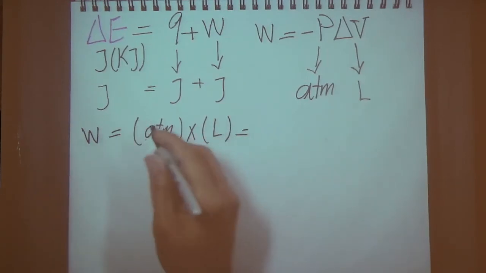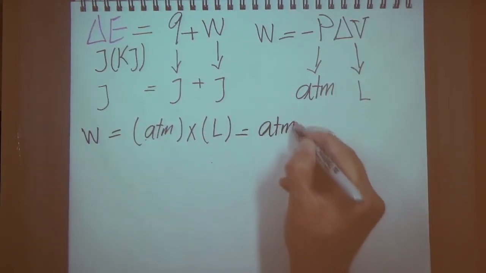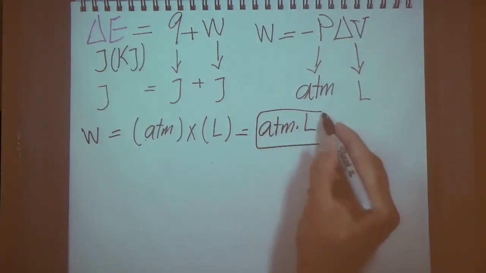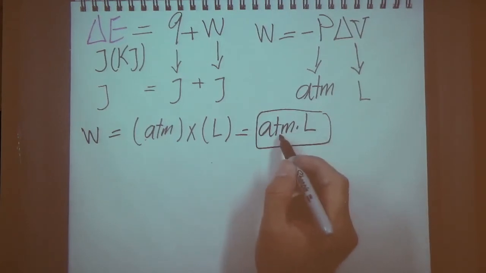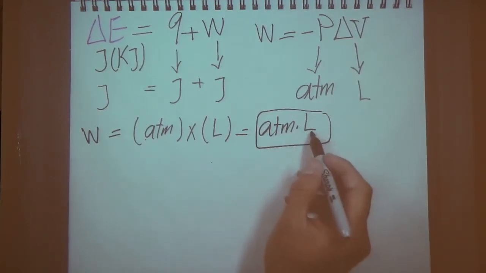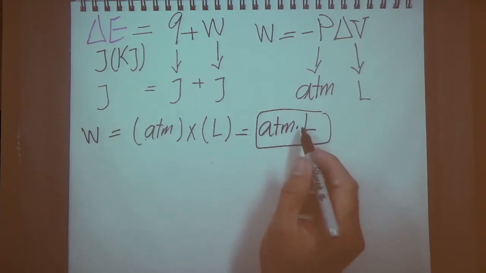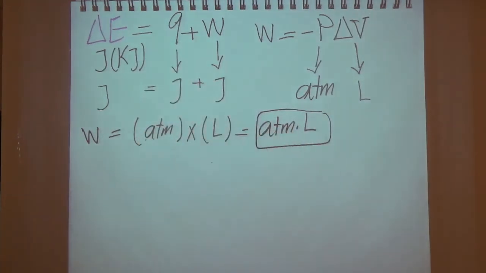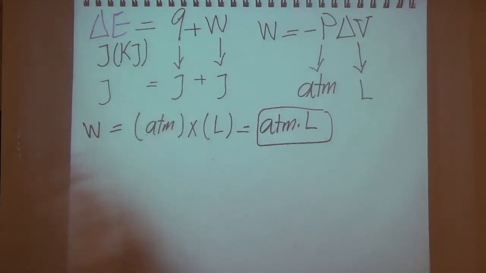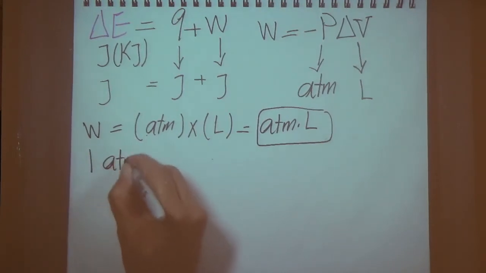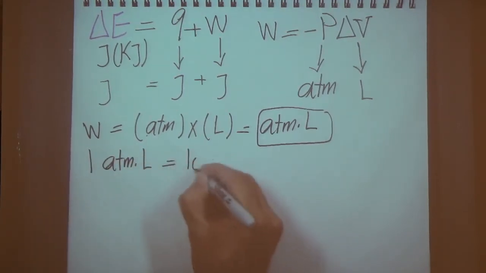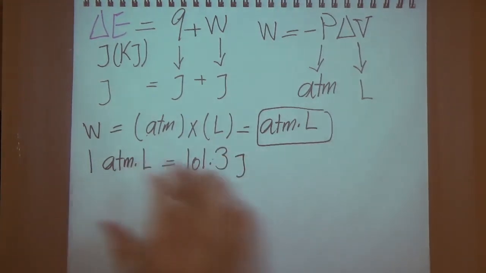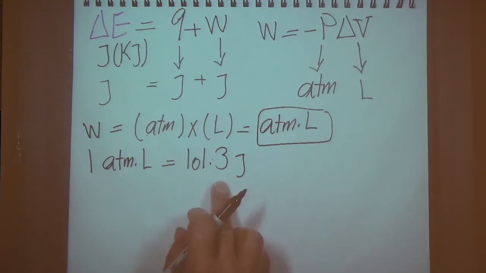Your final unit for work will be atmosphere liter. You cannot add this number to heat because they are not coming with the same unit. So we need to fix this, and the conversion is 1 atmosphere liter equal to 101.3 joule.